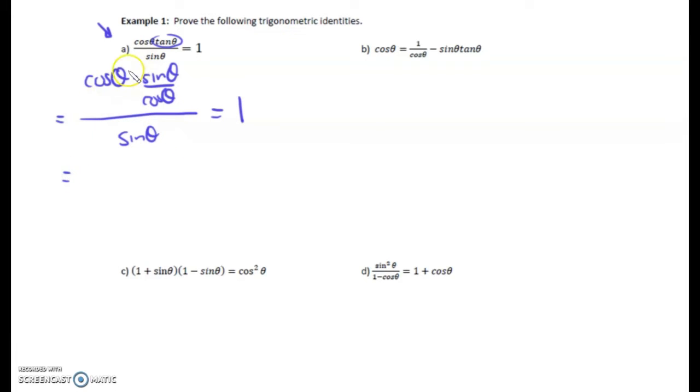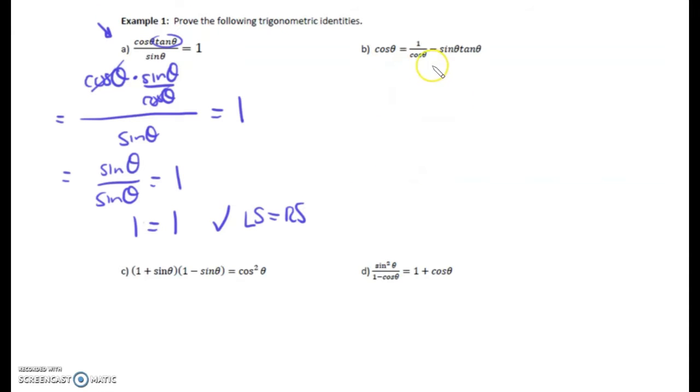In the next step, I'm going to cancel out these cos thetas. Now, all that I have left is sine theta over sine theta equals 1. Well, sine theta over sine theta does equal 1. So that one's correct. Left side equals right side. So this is indeed a trig identity.